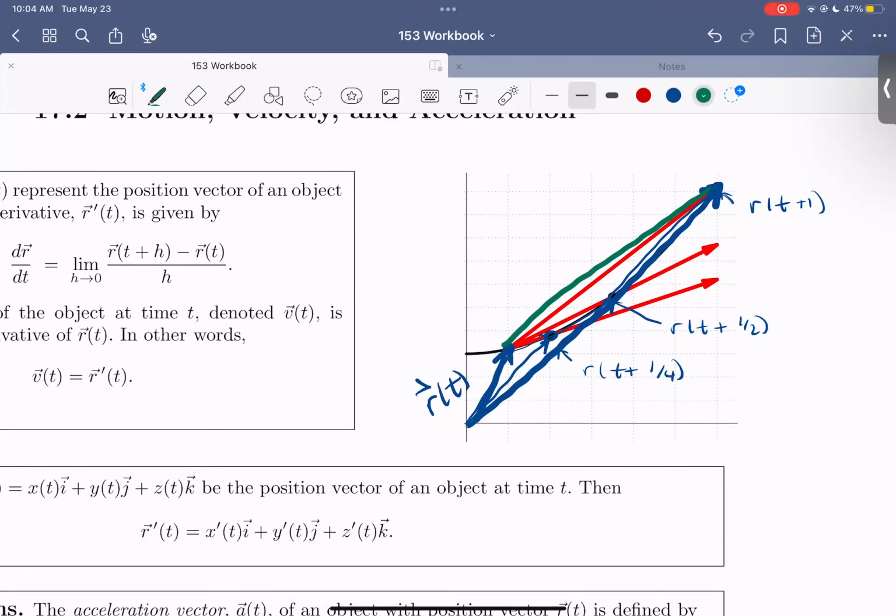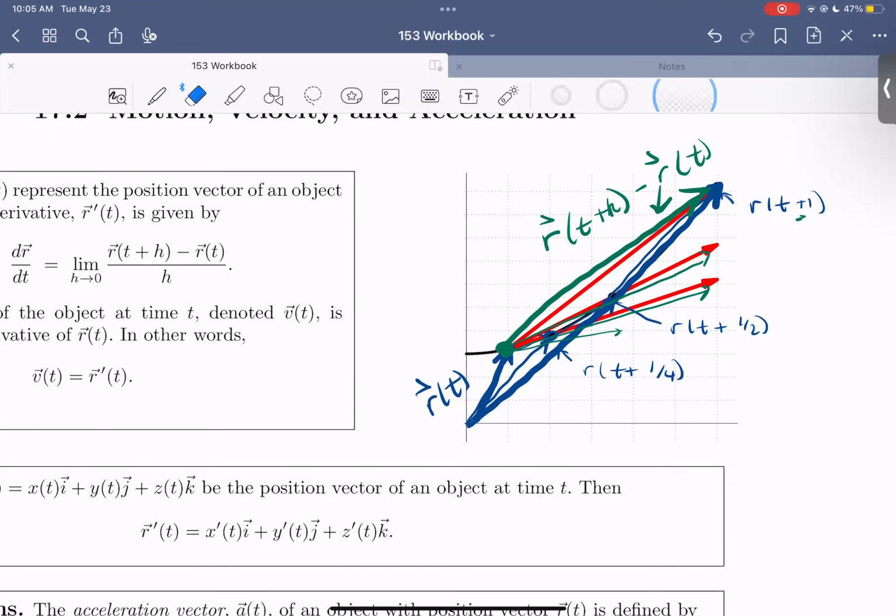So this vector here is the vector r of t plus 1 minus r of t. And so what happens here as 1 gets smaller, or we can even generalize to h, as h gets smaller, my vectors get closer and closer to that point at r of t.